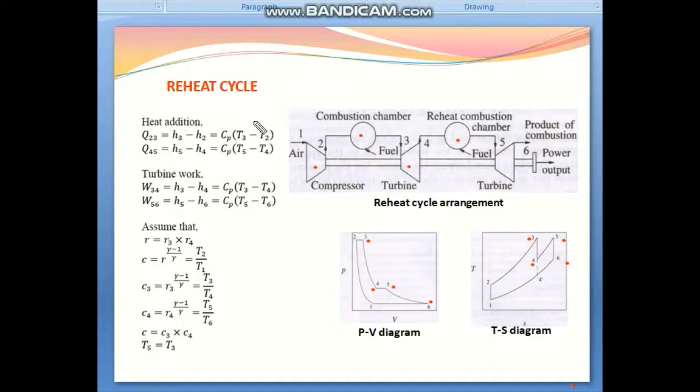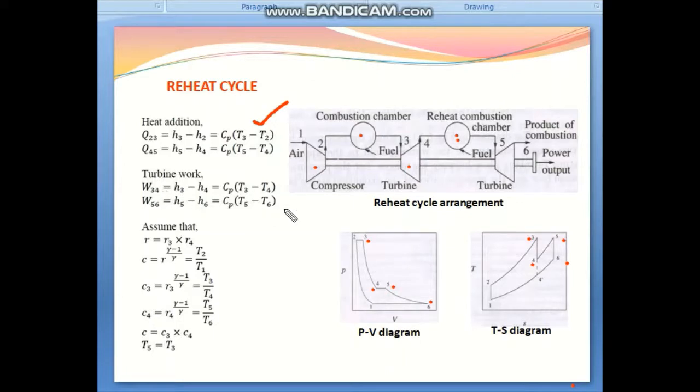So the value is Cp into (T3 minus T2). And the second heat input process is 4 to 5, that is H5 minus H4. This is the second combustion chamber, that is Cp into (T5 minus T4).